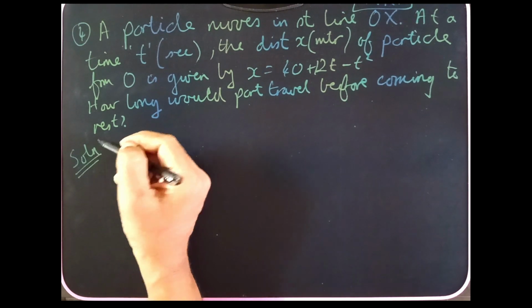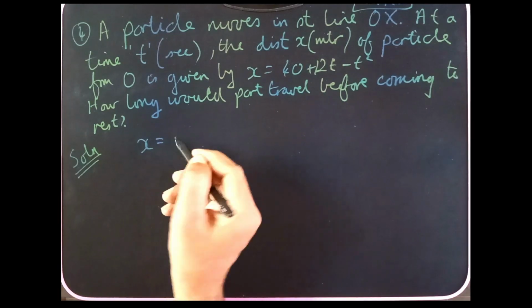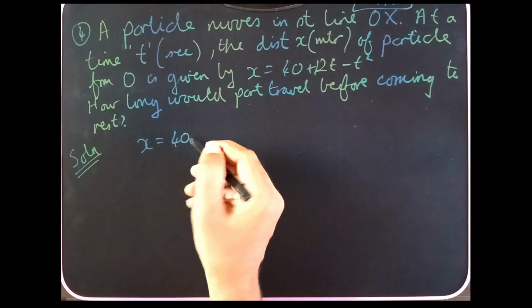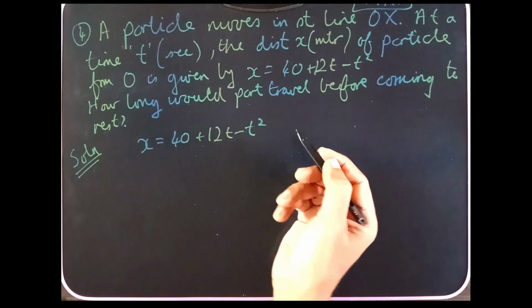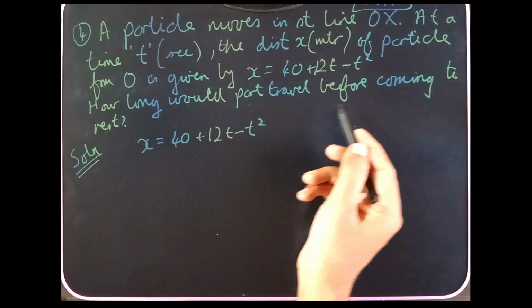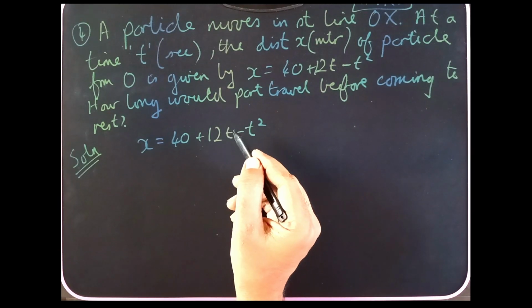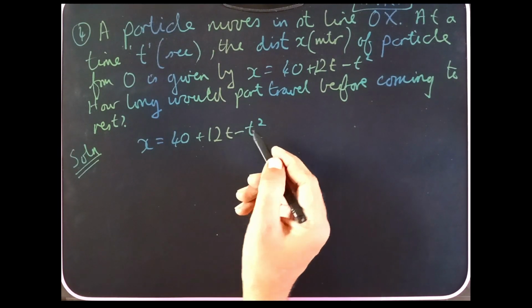So what is given here? The distance traveled by the particle is given by this equation, right? 40 plus 12t minus t cube. How long would the particle travel before coming to rest? So what is the velocity?